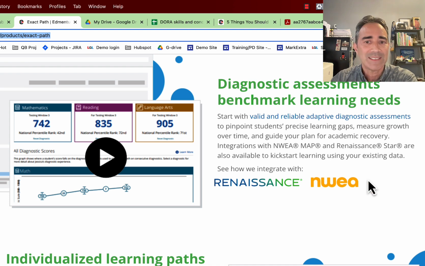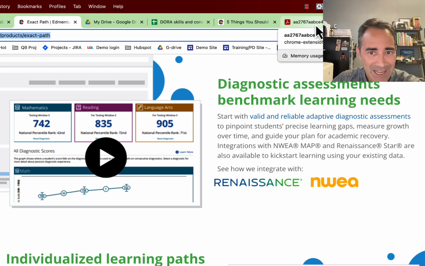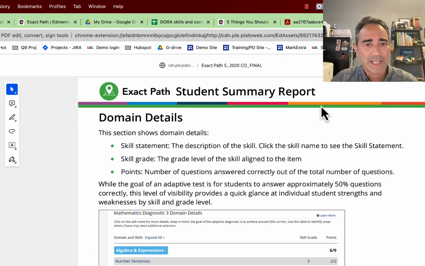Now, you may say, okay, that's NWEA data and Star data, but what about their data? So let's take a look at what they say. Right here is the Exact Path student summary report. It uses domain details, which give you a grade level score, and they use a certain number of questions.